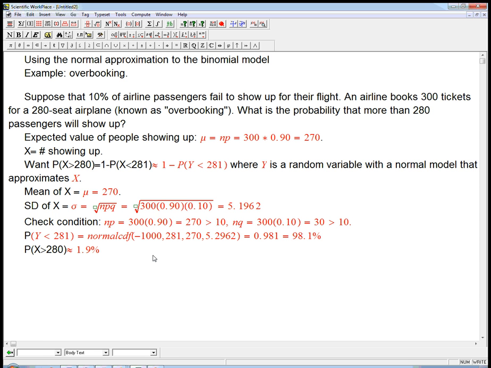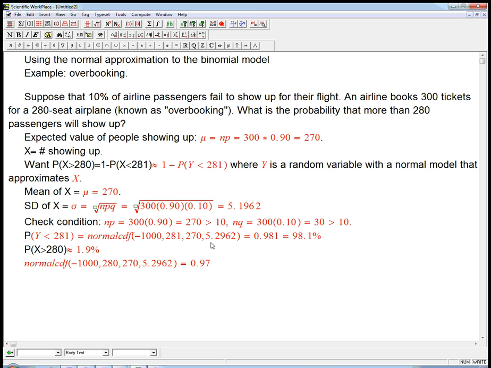For example, if we change the normal CDF to 280 and do that real quick on the calculator, it turns out to be not a huge difference: 0.97. So instead of 2%, it's about 3%. It can make something of a difference, but it's never going to be drastic in the cases we're looking at, so our book tends not to worry about that.